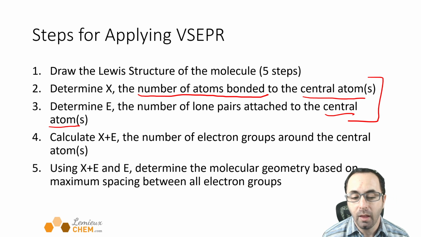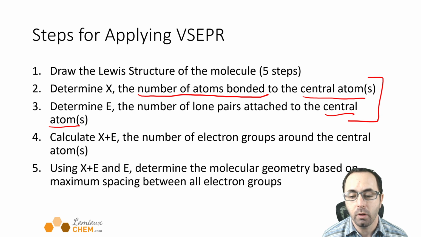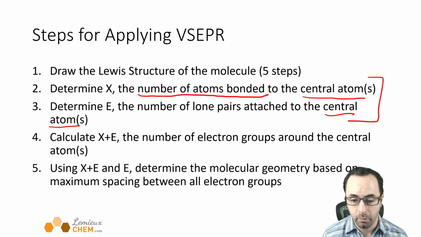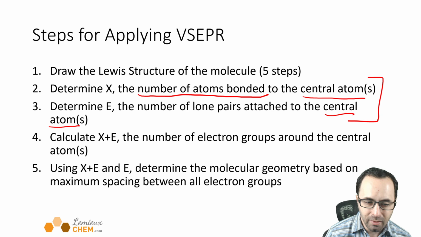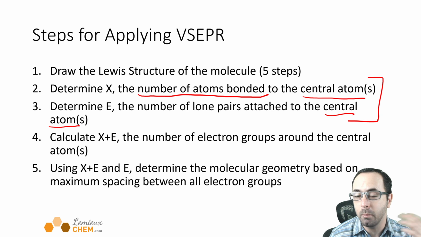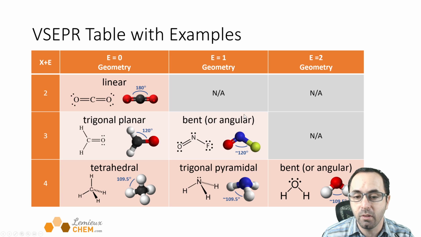Finally, we use X plus E and E, the number of lone pairs on the center atom, to determine the molecular geometry based on the maximum spacing between all electron groups. This could be determined using your mind, and in fact, the simulation I'm going to have you do really shows how you could add things on and take things off and get the different shapes.